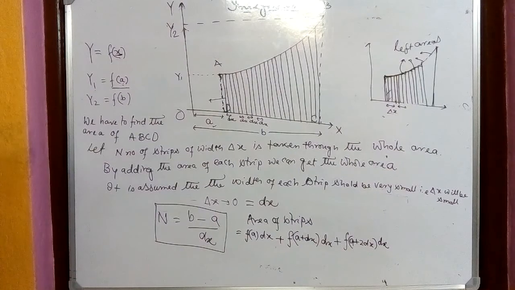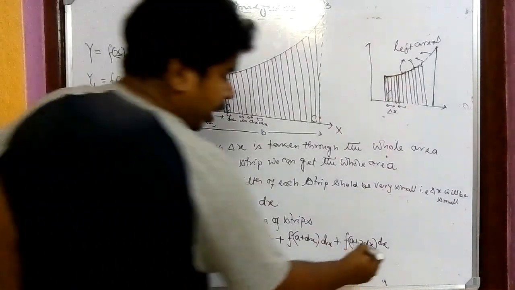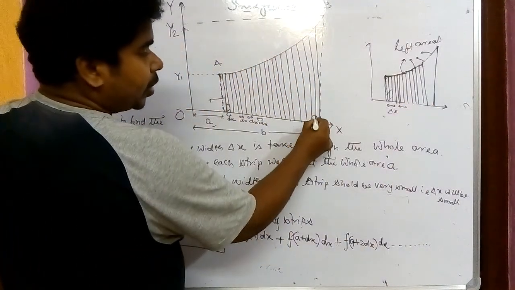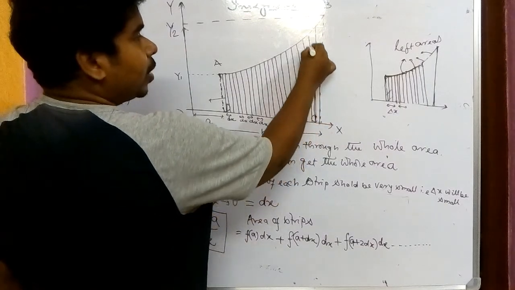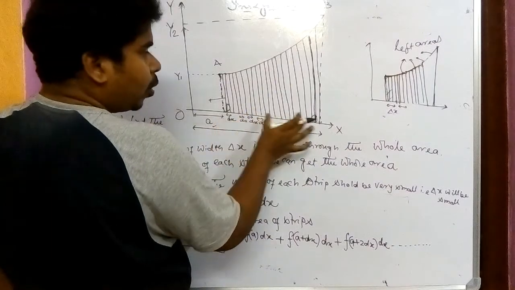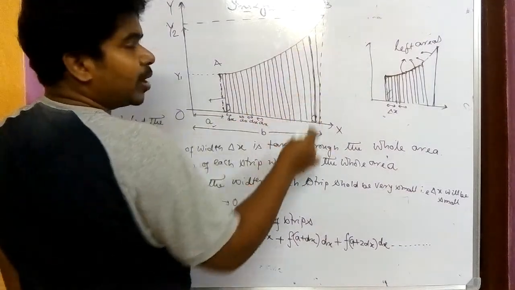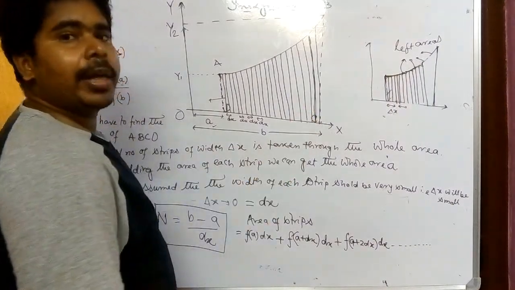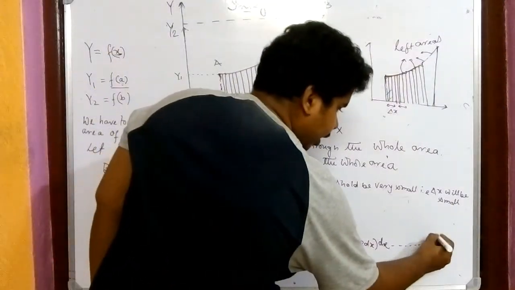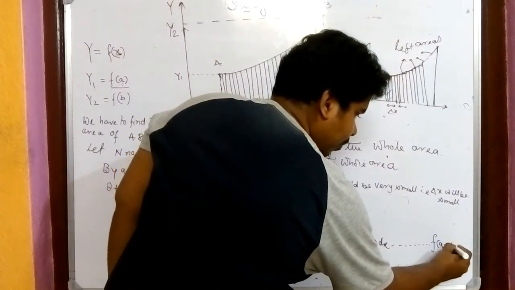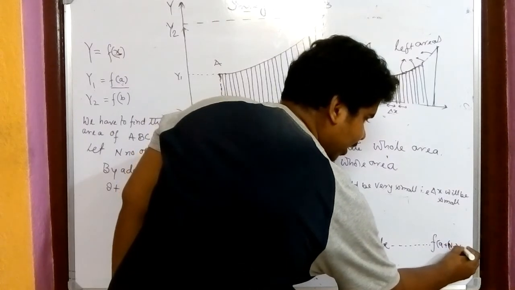Just follow how I am able to give the areas. When we go to the end, this is the line before the end line. If I am talking about the stripes, the last one is the nth stripe, and before it will be n minus 1. So we can write f(a plus (n minus 1) dx).